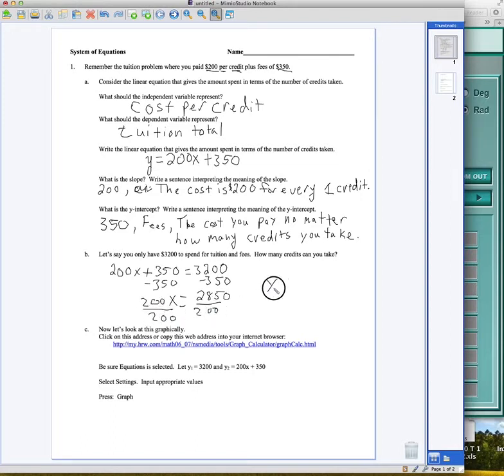And you get x equals 14.25. So essentially you can take 14 credits if you want to stay within your limit here, because most people don't take a quarter credit.